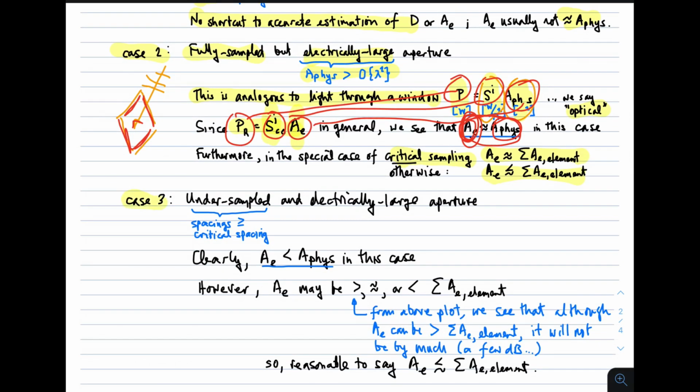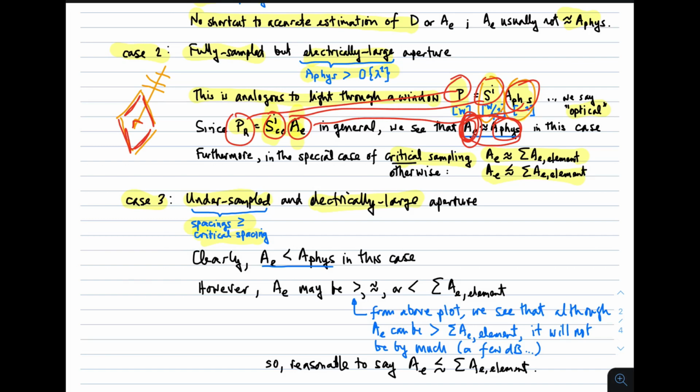Case 3. Now we're electrically large as before, but we're undersampled. In other words, the spacings are greater than the critical spacing. So this would be like a distributed array, or an array of elements which are spread around in an ad hoc manner without attention to fully sampling an aperture or a volume.